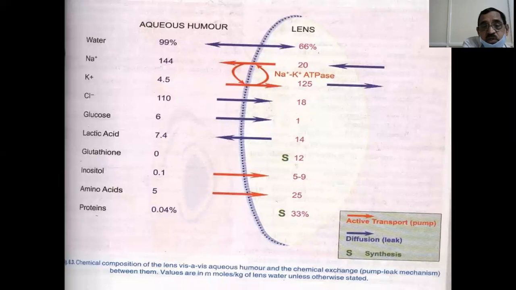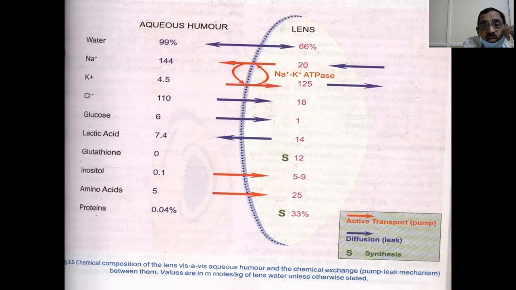This transfer of water is by diffusion or leak. Sodium in the aqueous humor is around 144, and in the lens it is 20. So there is an active transport pump mechanism which pushes the sodium to the aqueous humor. And potassium is around 4.5 and 125.